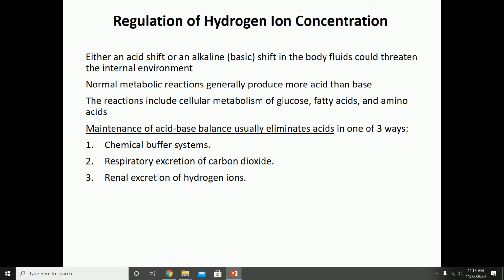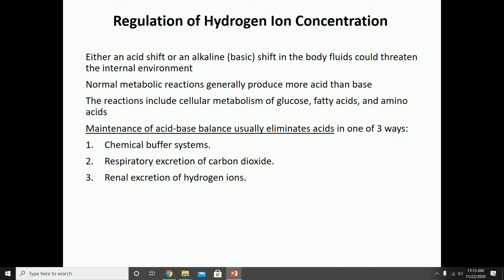And if that doesn't work and the body goes into a state of either acidosis or alkalosis, we can move on to these secondary methods to maintain pH balance, and that is the respiratory excretion of carbon dioxide. So we could change the rate of breathing.